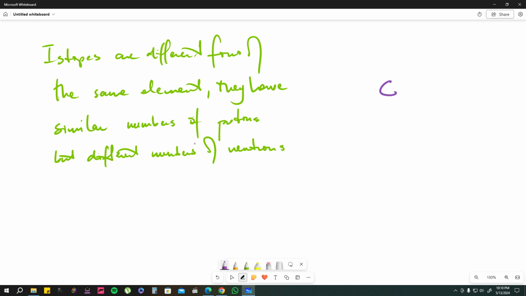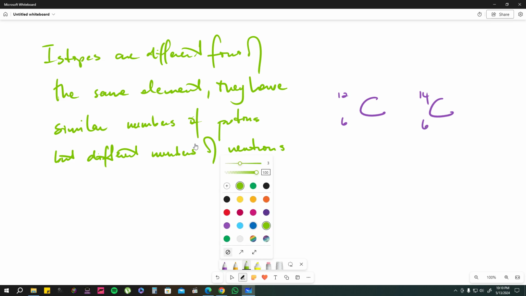C. Now, I'm going to throw something in here. This is the symbol for carbon. That is 12, and this is 6. This is the symbol for carbon. This is 14, and this is 6. Now, this notation has to be explained, and I will do so now.